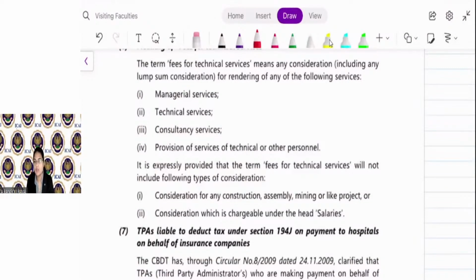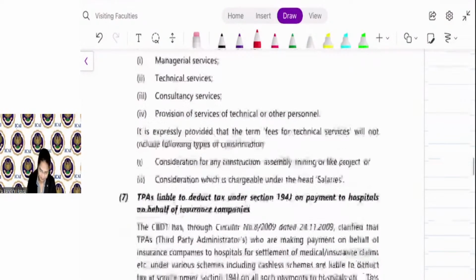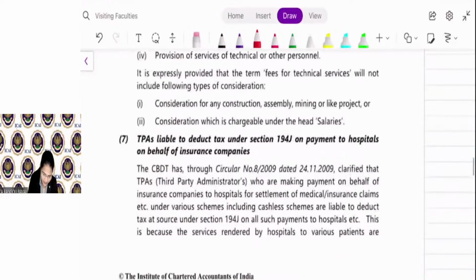If you are a CA and you are working with an MNC, then you are an employee of that MNC, so TDS is deducted under section 192, okay, and not under 194J. But if you are a practicing CA, then if you are providing any professional service to any company, then TDS is required to be deducted under section 194G.